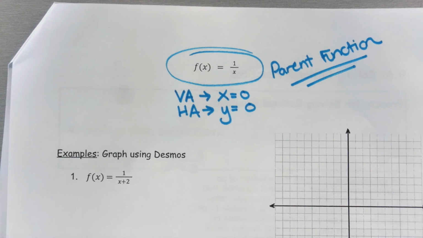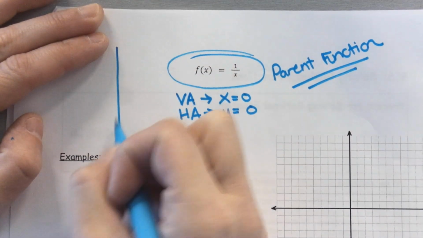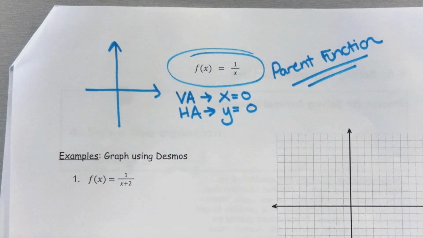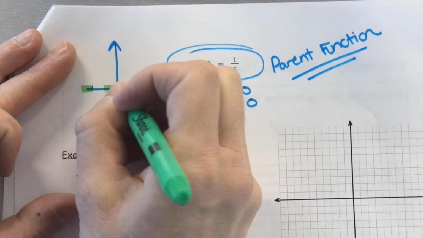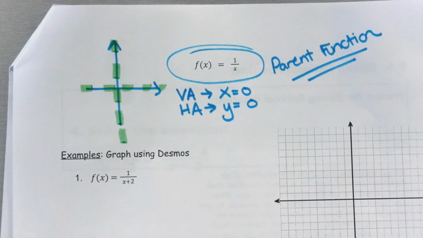So normally they're right where your axes are. But we're not obviously going to have a graph this simple. So if you had this graph, this would be your vertical asymptote and this would be your horizontal. So that's where they are for the parent function, but they're going to move around on us when we go to graph.